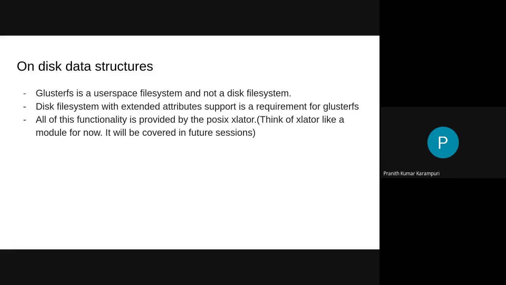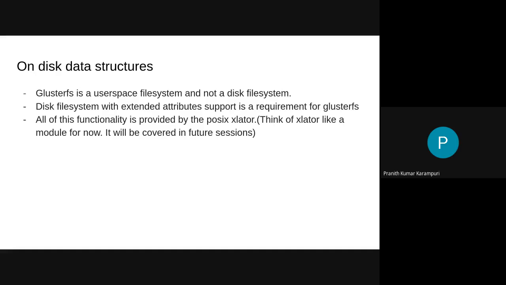Okay. So GlusterFS is a user space file system, so it does not have any access to the underlying physical disk. XFS, ZFS, Btrfs, ext4, all these file systems can operate directly on the block device, which is not the case with GlusterFS.